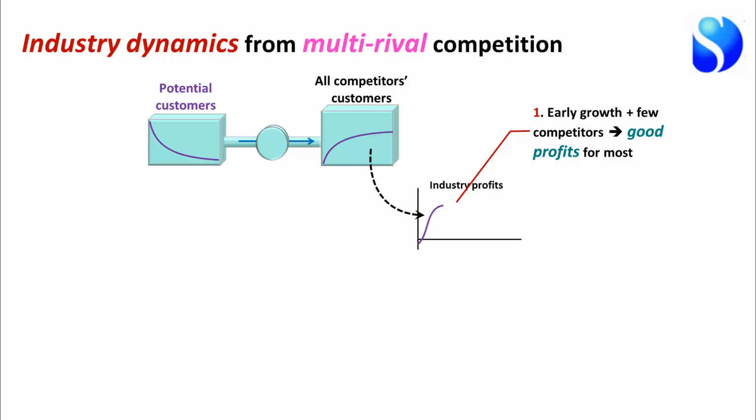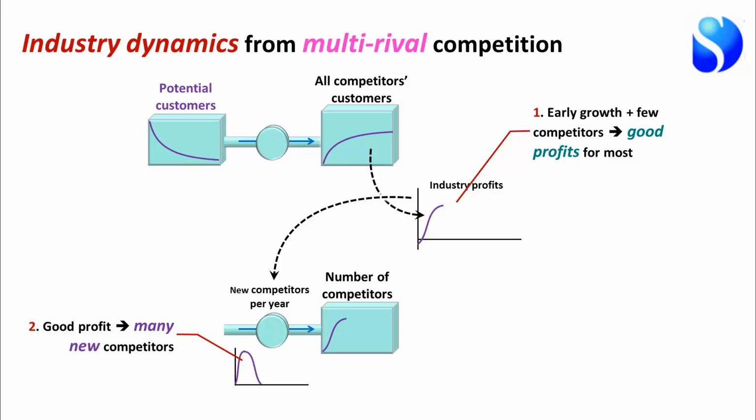But of course what that does is it encourages new competitors to enter the marketplace. So strong profits, many competitors enter, and the number of competitors grows and then reaches a peak as the entry rate slows down.